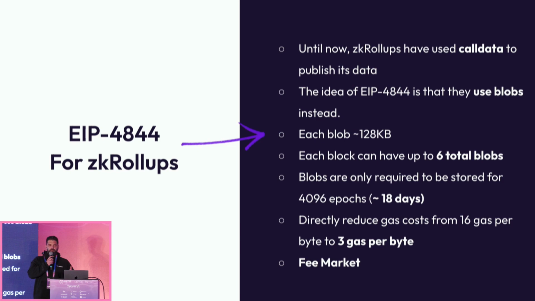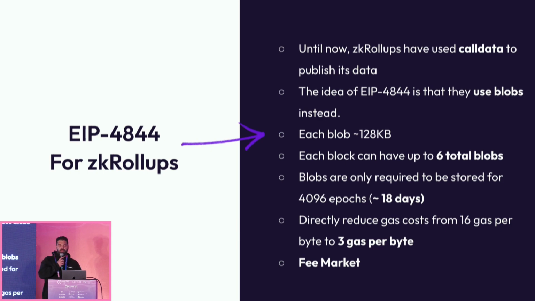Each blob has 128 kilobytes of data available. We are going to have 6 blobs per block. And one important thing, especially for node operators, is that the blob is only going to be available for 18 days. Mainly this is to not blow up the hard drive space of validators.